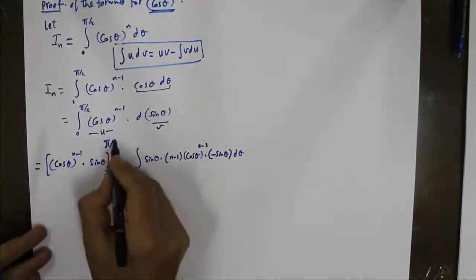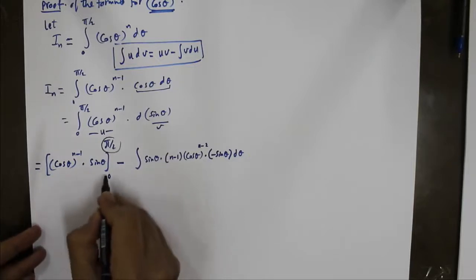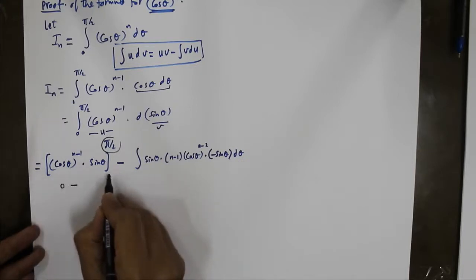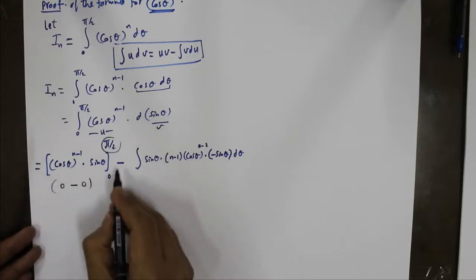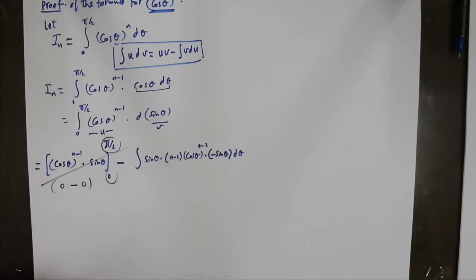Easy substitution here, cosine pi over 2 gives 0. So the multiplication will be 0. Minus substitution with 0 makes sine 0 is 0, so we have 0 in both substitutions. So we get rid of this whole bracket.